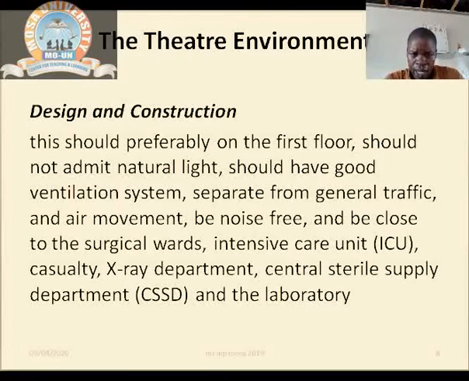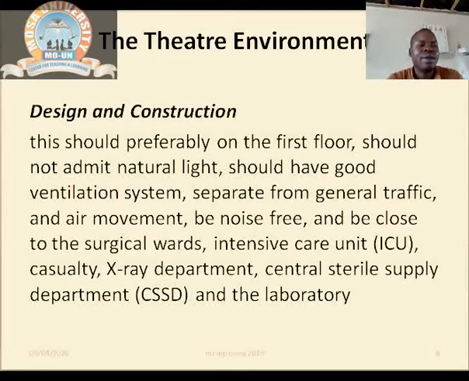Noise free, and be close to the surgical wards, intensive care unit, ICU, casualty, X-ray department, central sterile supply department, CSSD, and the laboratory. So the environment in which theater has to be constructed should preferably be on the first floor. It should not admit natural light. It should have good ventilation, separate from general traffic or air movement. It should be noise free.